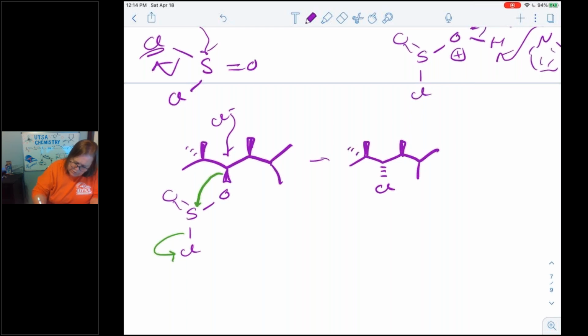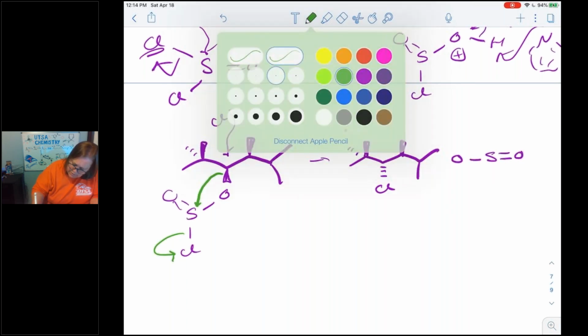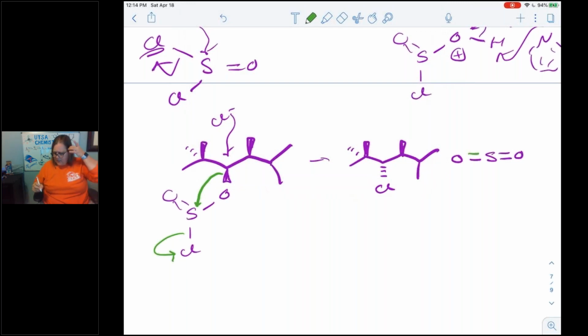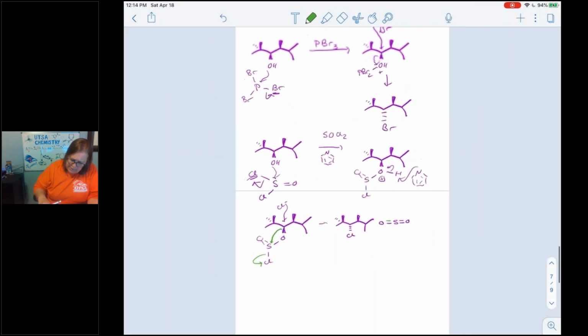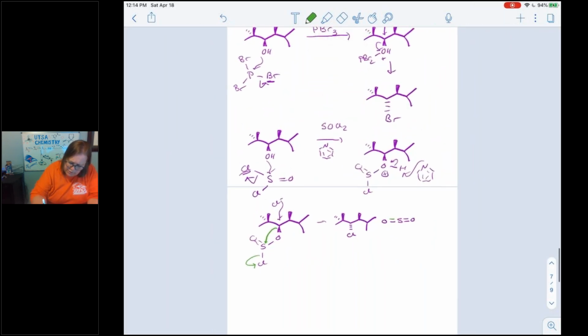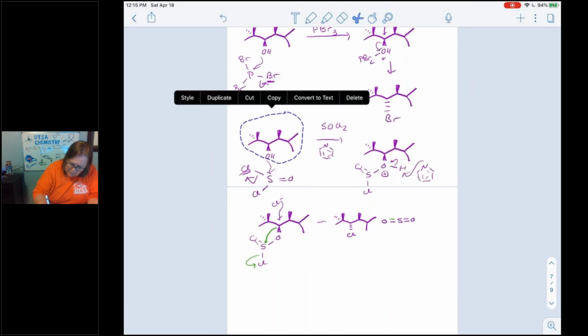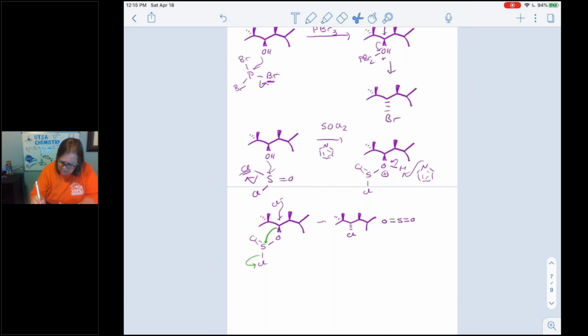But what's important is that the driving force of this reaction is the formation of sulfur dioxide, which has this structure here. So that formation of that gas. Again, I have a secondary substrate, so I can go ahead and do an E2 reaction. This is where POCl3 comes in.